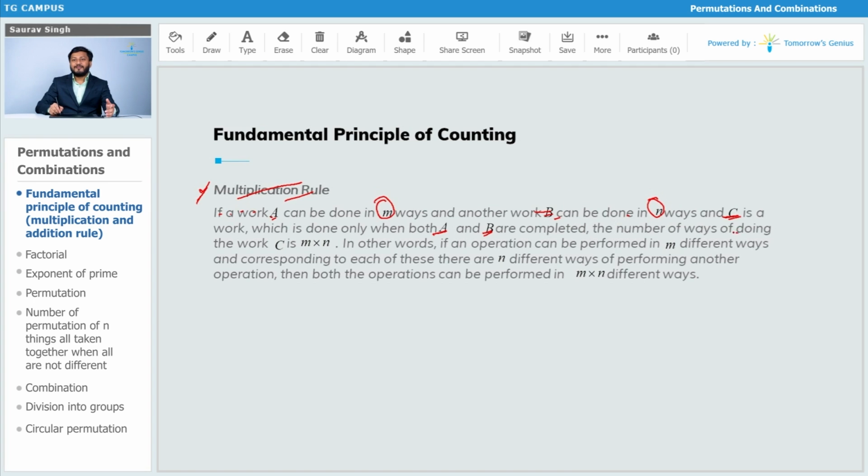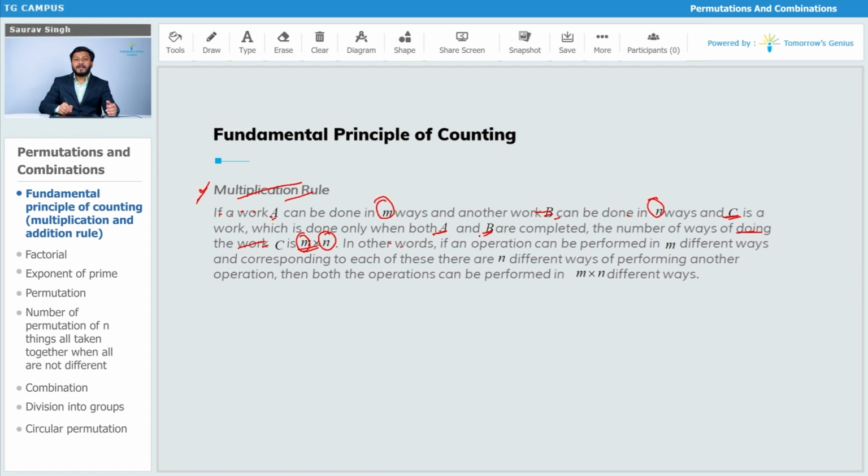So the number of ways of doing work C is m into n, where m is the number of different ways in which I can perform A individually, and n is the number of different ways in which I can perform B separately.